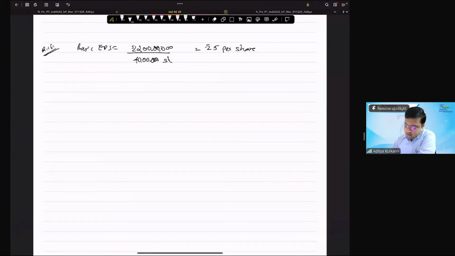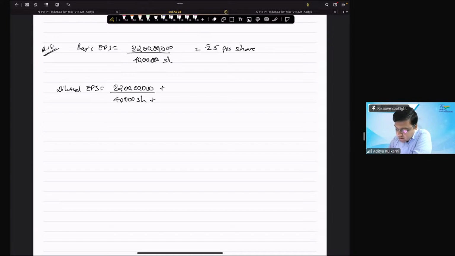Now, always remember the starting point for your diluted EPS is always going to be the basic EPS plus certain adjustments. Basic plus adjustments. So, diluted EPS is going to be 2 crores divided by 40 lakh shares plus.